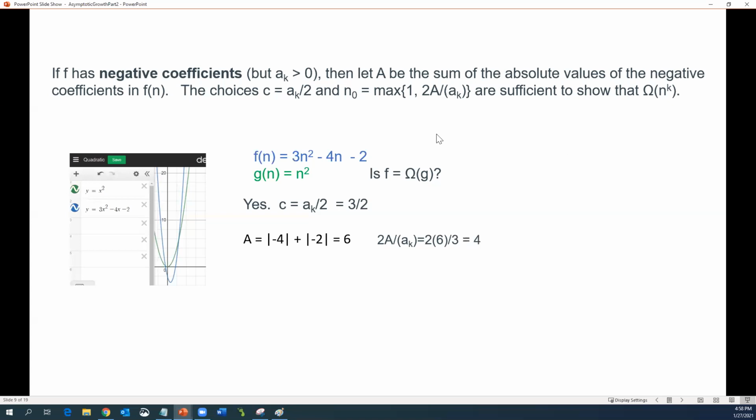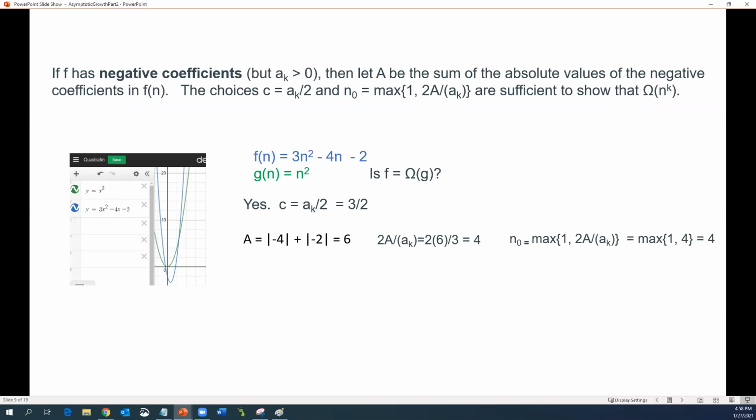Now what we do is we look to see the maximum of whatever we get here along with 1, because sometimes, depending on what the numbers are, you could get something less than 1 here. If you got something less than 1, you're not going to say n naught has to be greater than 1/2, because we're talking about positive integers.